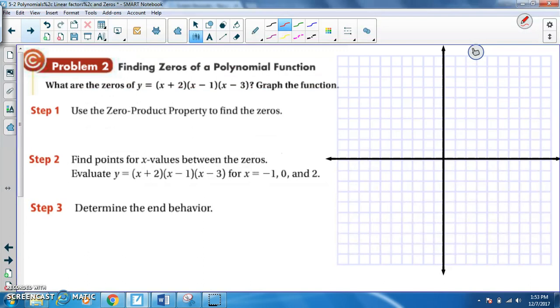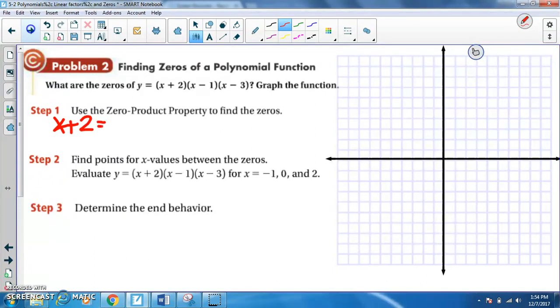So finding zeros of a polynomial function. What are the zeros of y is equal to x plus 2 times x minus 1 times x minus 3? Graph the function. So when we were working with quadratics, when we had factored form, we could take each factor, set them equal to 0 to find our zeros. We do the same with polynomials.